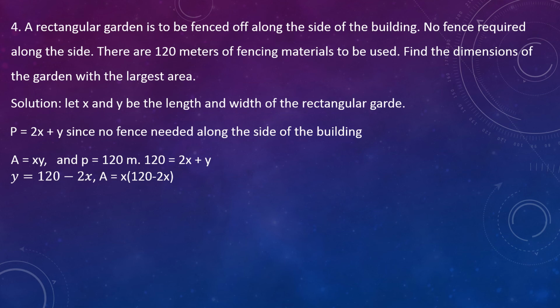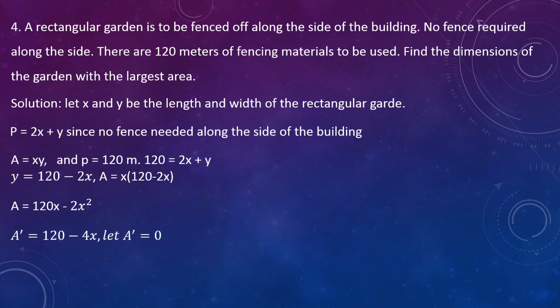So we have x times 120 minus 2x because the value of y is 120 minus 2x. Then simplifying, we get area now is equal to 120x minus 2x squared, because x times 120 is 120x. Then x times negative 2x is negative 2x squared.